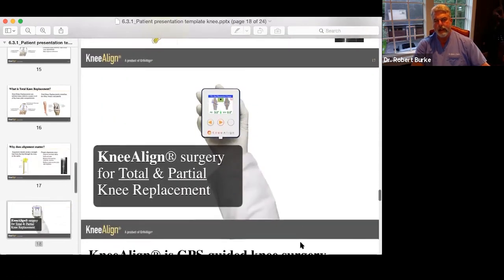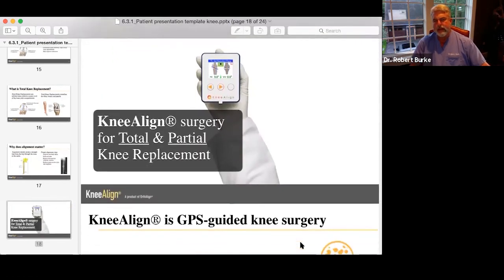And the knee aligned system is an exceedingly valuable asset in order for surgeons to be able to reproduce the appropriate alignment of the bone cuts and the implant at the time of surgery.